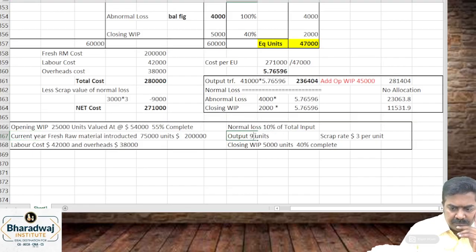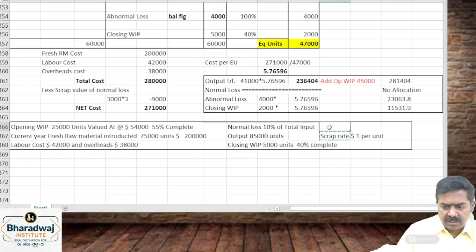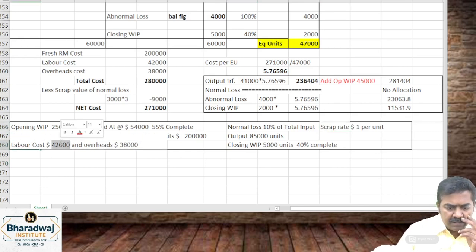Output 85,000 units. Scrap rate $1 per unit for normal loss. Labor cost $58,000. Overhead cost $72,000.